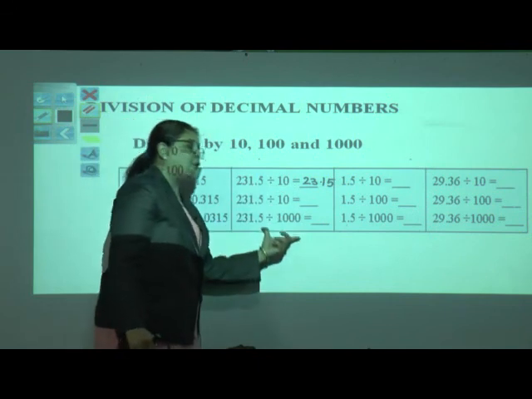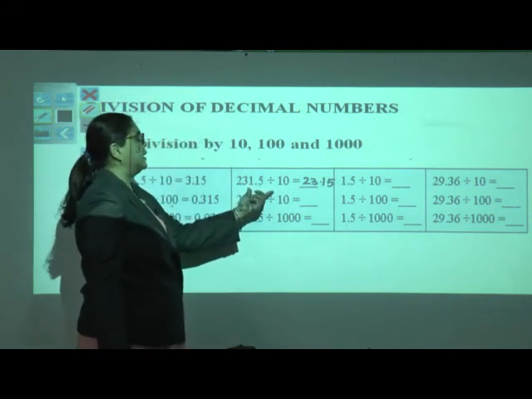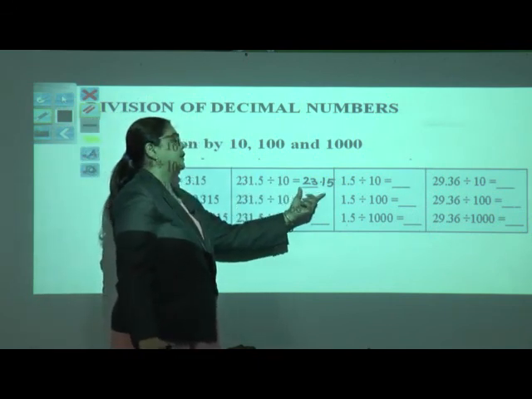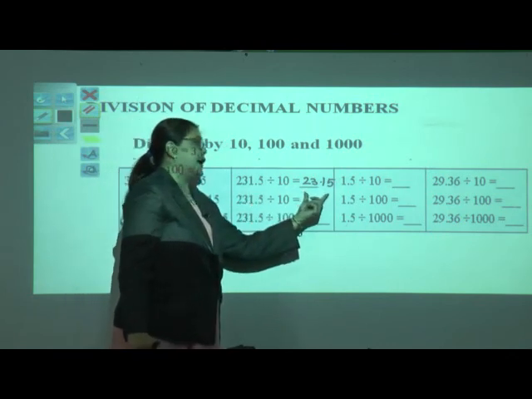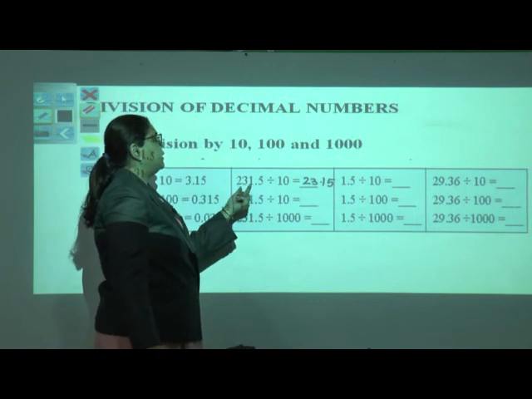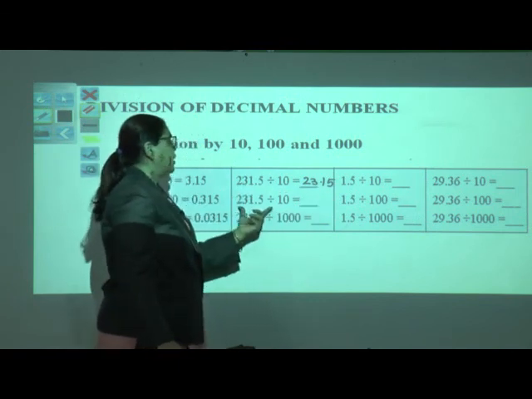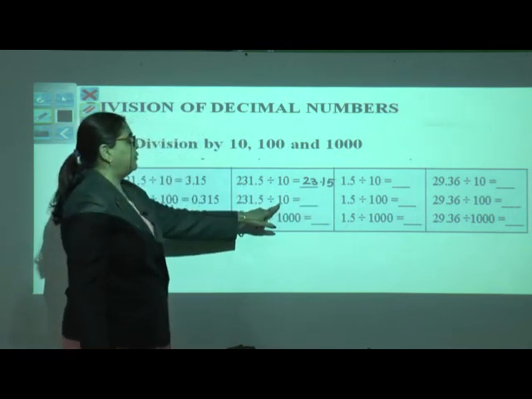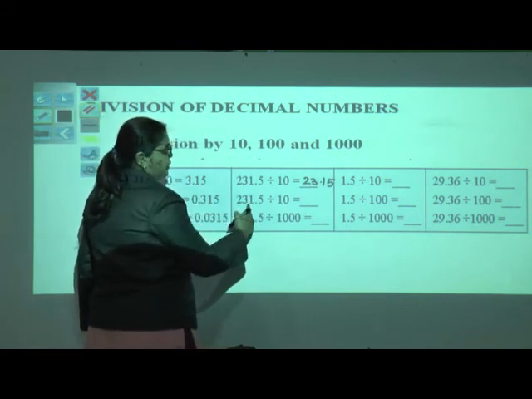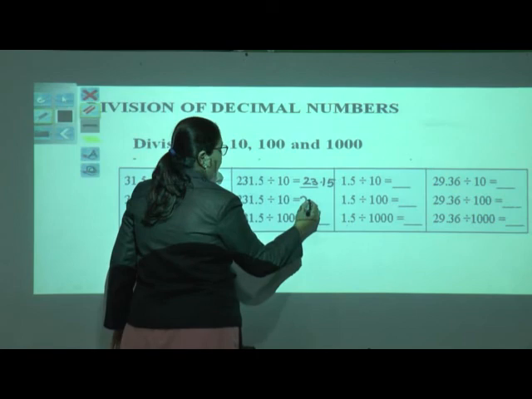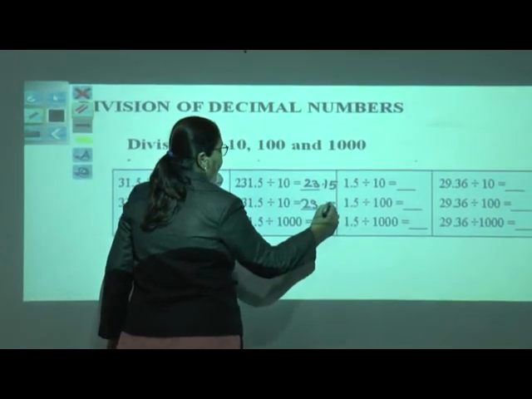Without doing any long procedure, we can write directly where the decimal gets shifted and we get the number, that is 23.15. Here again we have 10, so it will go back one digit, so here it will be 23.15.